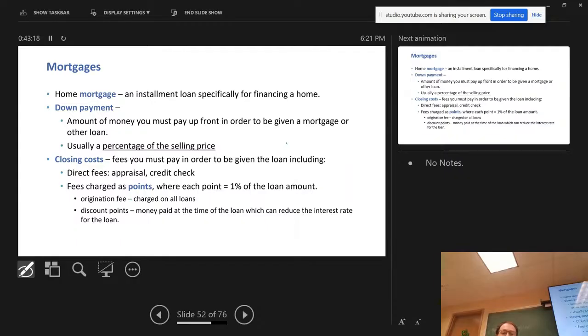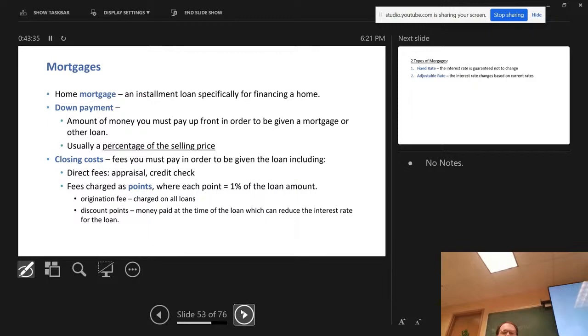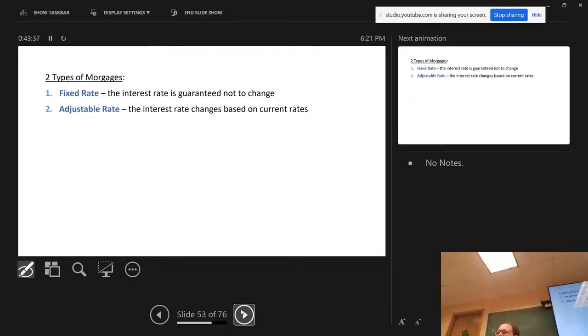You can actually purchase points to reduce your interest rate, just because people have figured out the system, because they want to try and pay as small as possible for those kinds of things. There's fixed rate and adjustable rate mortgages out there.